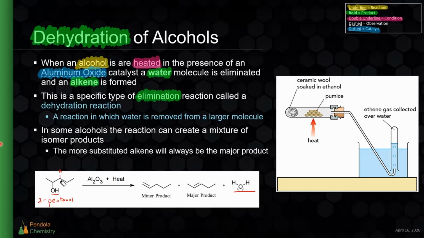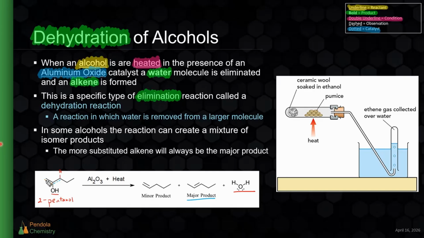So we can undergo a reaction where it creates a double bond with one side of the alcohol, creating one product, or we can get an alternative reaction where it creates a bond on the other side of the alcohol.